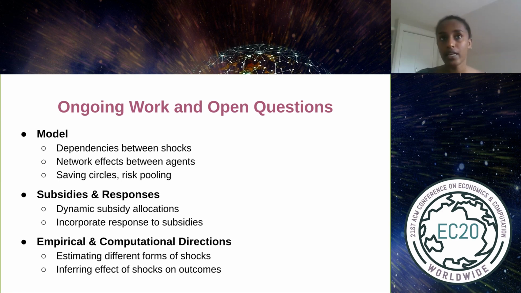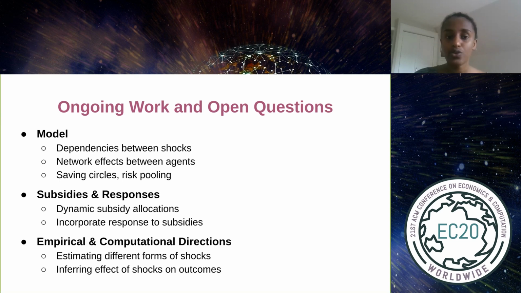Just to highlight a couple, we assume that the shocks are independent. We also assume that the shocks are independent of income and your reserve, but in reality, we know that's not always the case, right? So incorporating dependencies would be one exciting direction. Also incorporating dependencies between agents by assuming there's an underlying network would be another exciting direction.